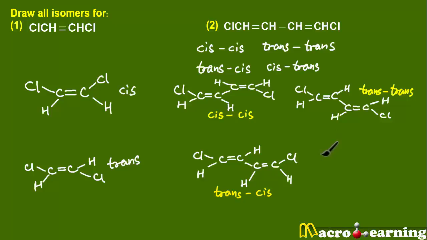Okay, finally, cis-trans. Cis, so the first one is cis, so we can copy from this one. Okay, and second one is trans, meaning the chlorine and this big group are on opposite sides. So here comes the chlorine. These are hydrogens. So it's cis-trans.